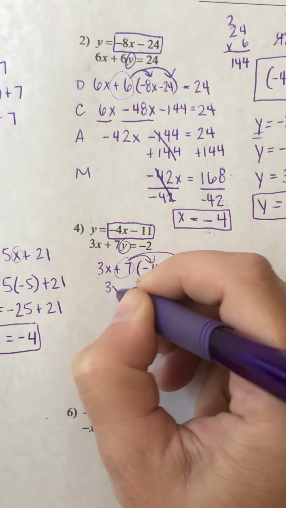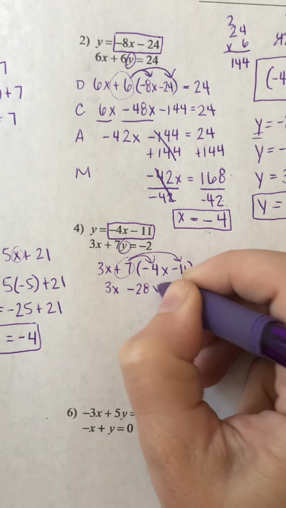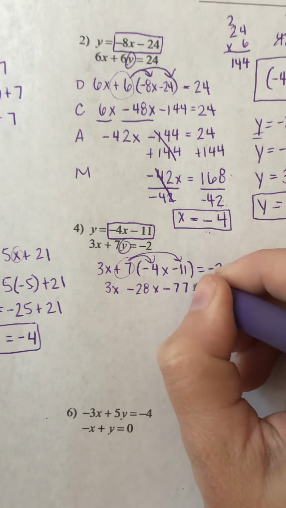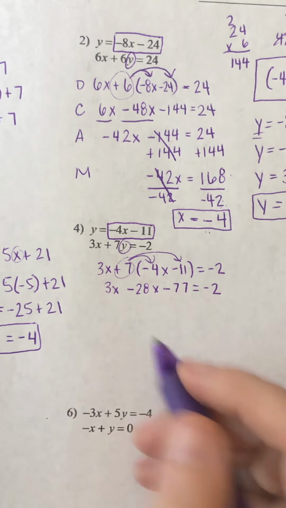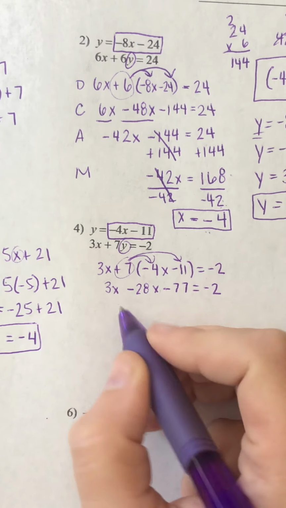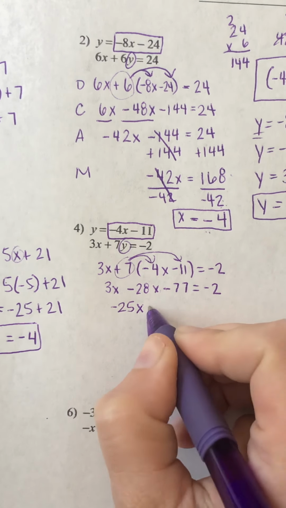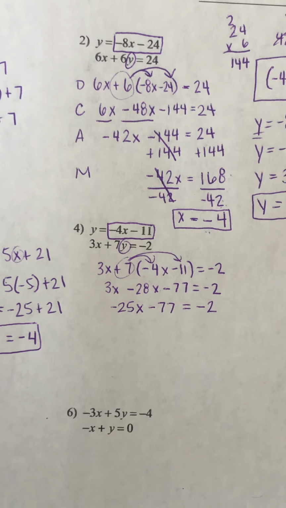So we end up with 3x minus 28x, and then minus 77 equals -2. Of course, to finish solving, we're going to combine like terms first. So this is like saying -28x plus 3x, which is going to give us -25x minus 77 equals -2.